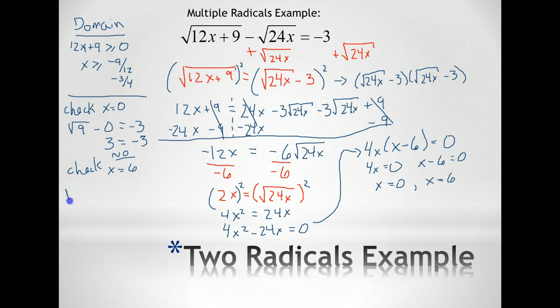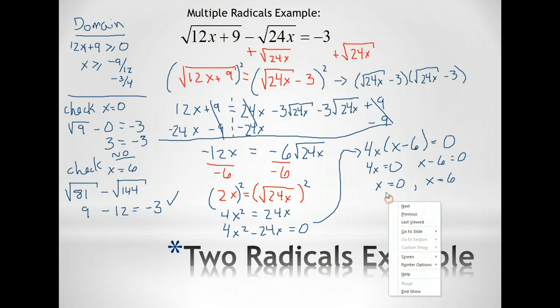So when I do 6, 12 times 6 is 72 plus 9. So that's the square root of 81 minus the square root of 6 times 24, which is the same as 12 times 12. So that's 144. So the square root of 81 is 9. The square root of 144 is 12. That one does work.